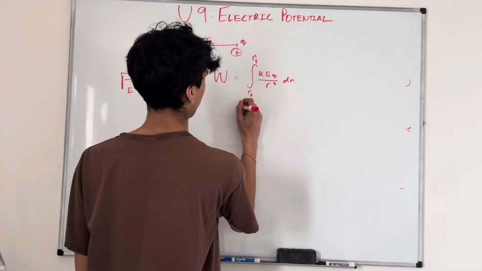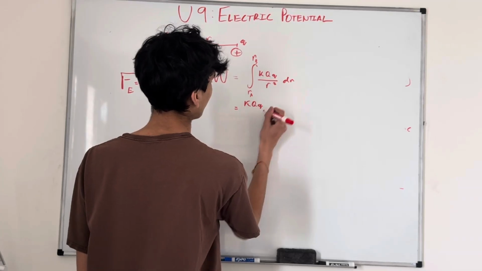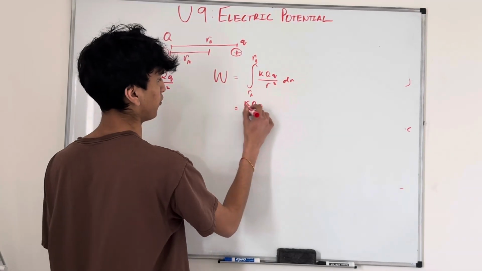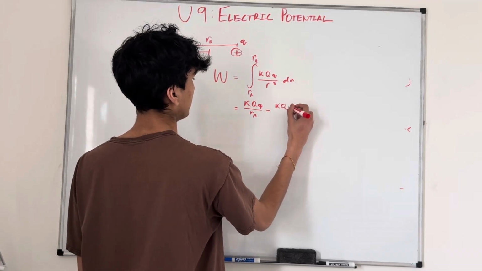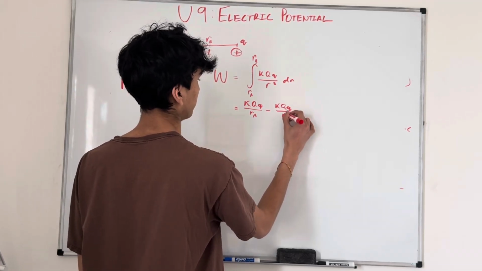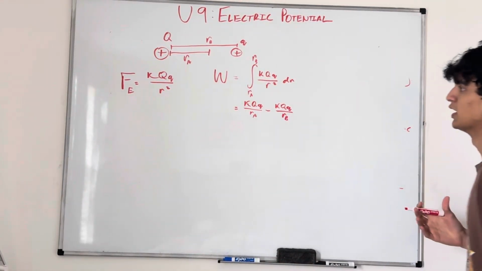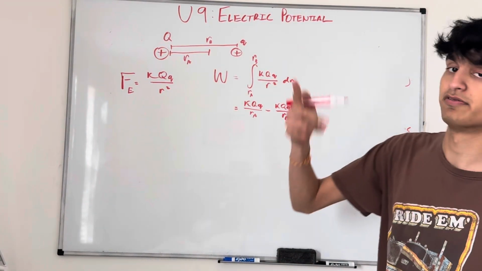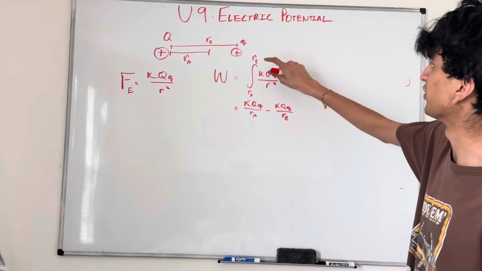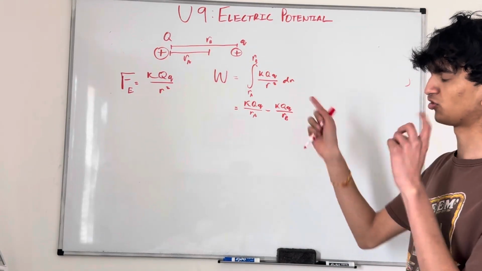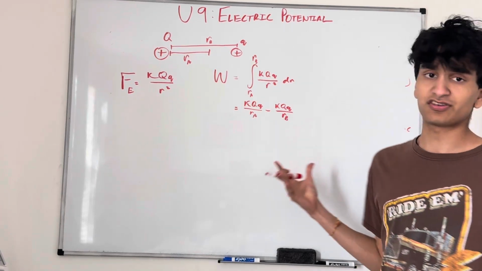If you work out this integral, it'll end up being K big Q little q over RA minus K little q big Q over RB. The antiderivative of 1 over R squared is negative 1 over R. So when you plug in your bounds, the negatives swap, and you get this expression right here. That's pretty cool.